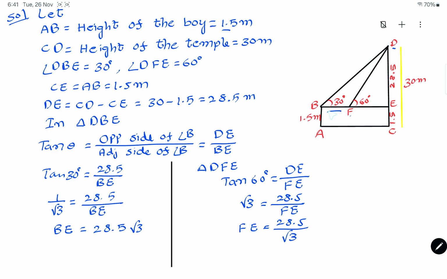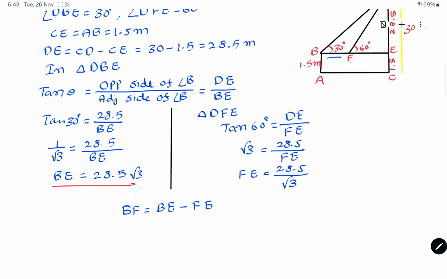Now we need to find the length of BF. For that, BF is equal to BE minus FE. Then we will get the BF value. Now substitute BE and FE in this equation. BE is 28.5 root 3 minus FE, 28.5 by root 3. Now take 28.5 common.